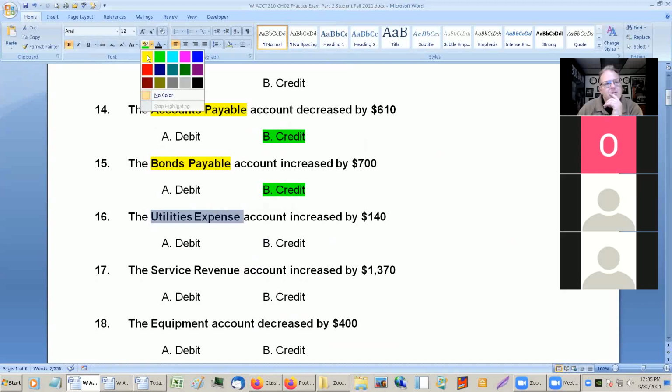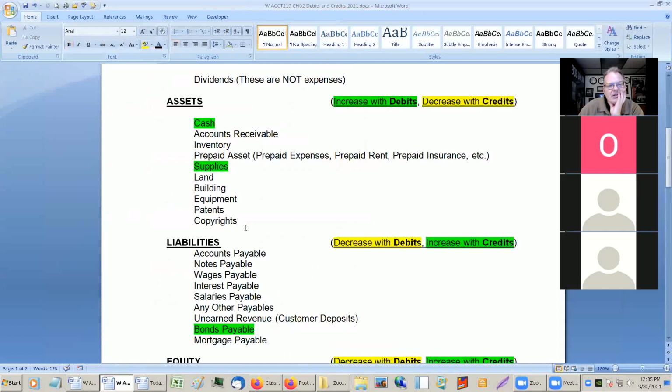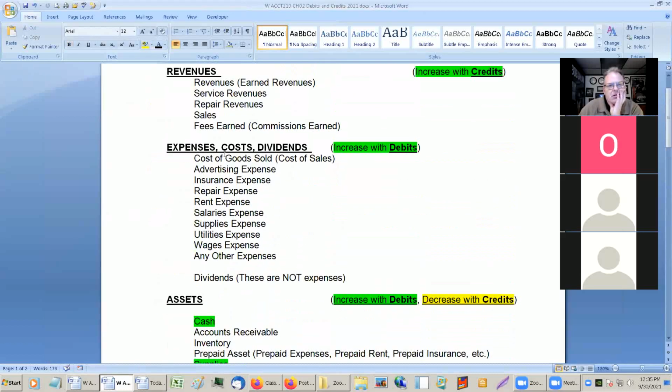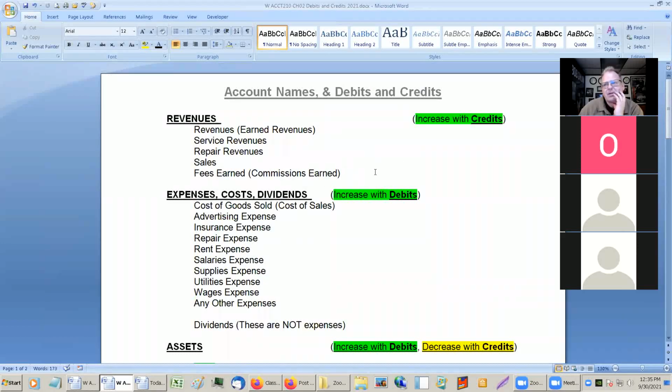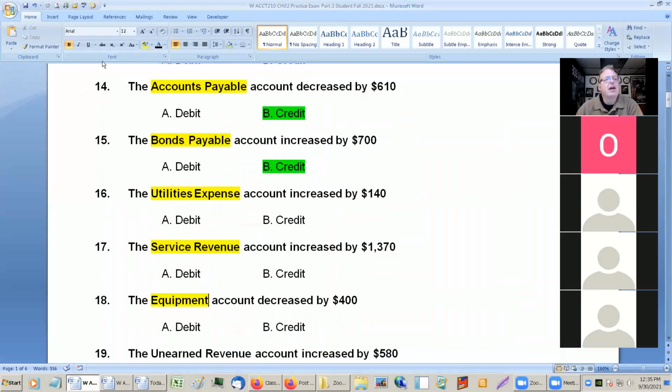Utilities expense. Debit. Yeah, expenses are always debits. So revenues and expenses, once you get used to those terms, revenues are always credits. You can look at here and see that. And then expenses are always debits, unless something kooky happens. That's pretty much the way it is.